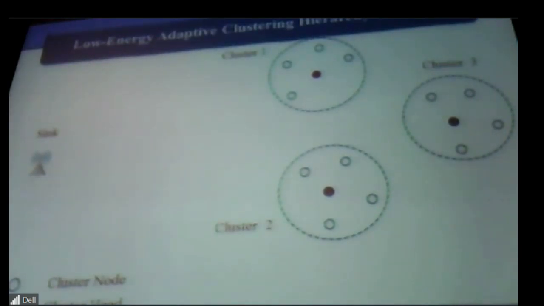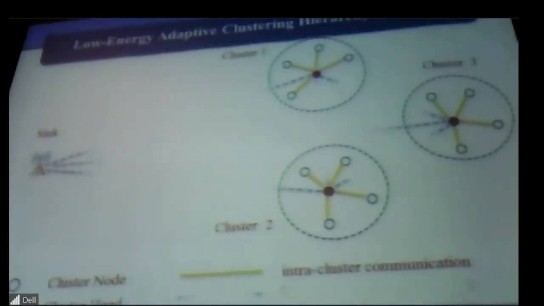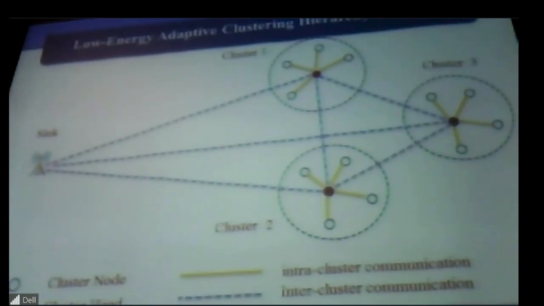It has two assumptions. The first is that the sensor nodes are far from the base station, and the second is that all sensor nodes can send data directly from the cluster head to the base station.